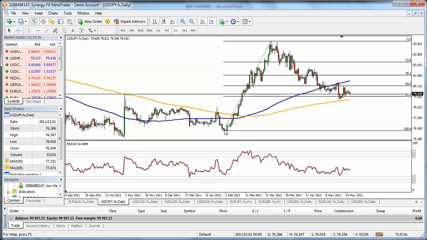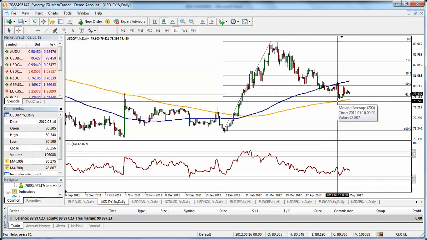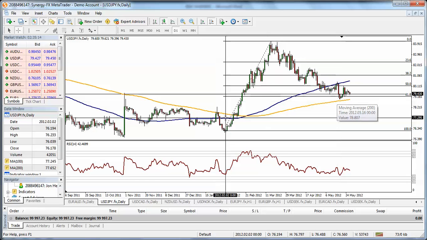So if we do see a resumption to the upside, I would definitely be looking to enter a long trade if we reach above the 100-day moving average, and possibly even the highs here at 80.356.